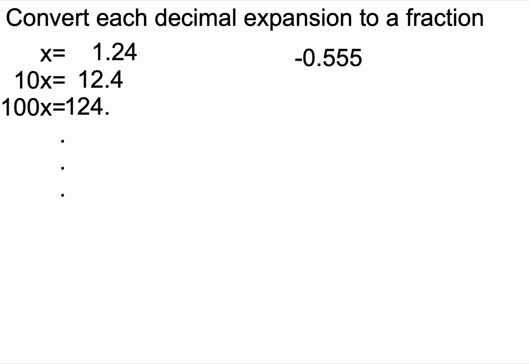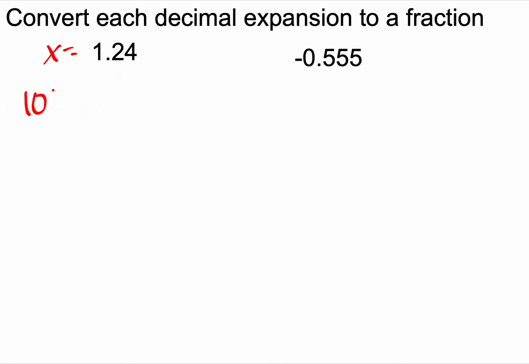In this case, we end up multiplying by 100 on both sides. After I multiply by 100 on both sides, we have 124. Then we can divide both sides by 100.